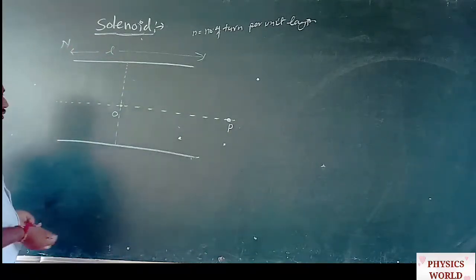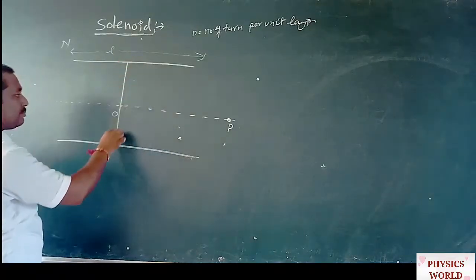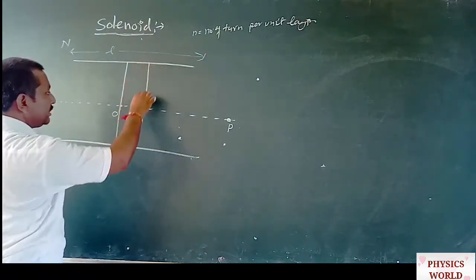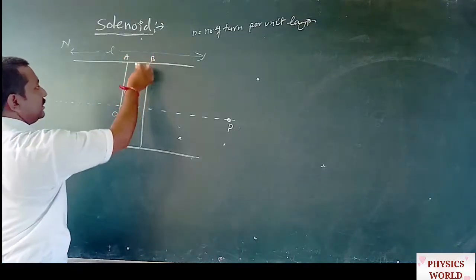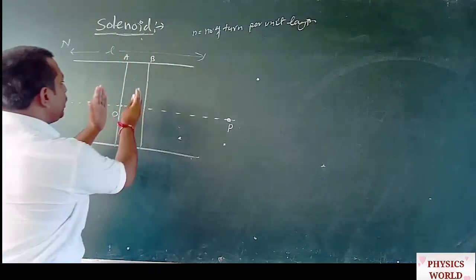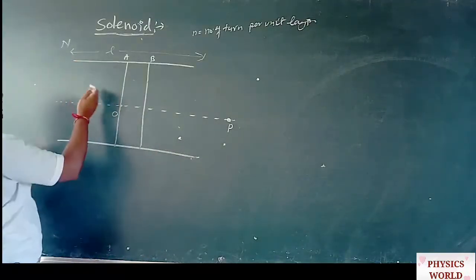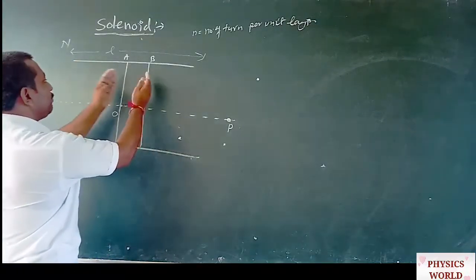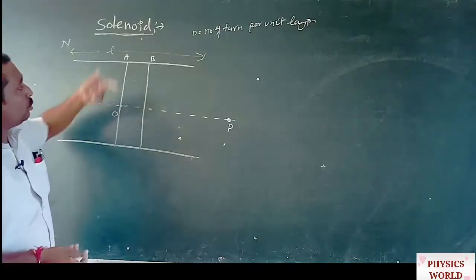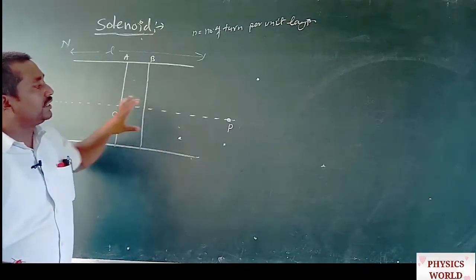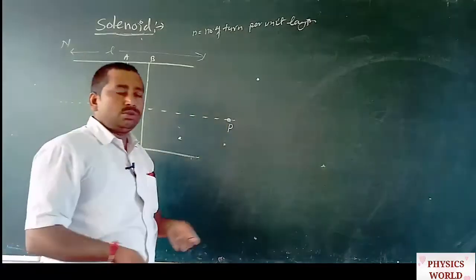For this calculation, let us assume that we have a small loop element. Suppose that this one is A and B. This is the small width of the solenoid, because we can divide this solenoid into many elements of this type, assuming a circular loop, by which we can find the magnetic field at this point with the help of the circular loop formula.